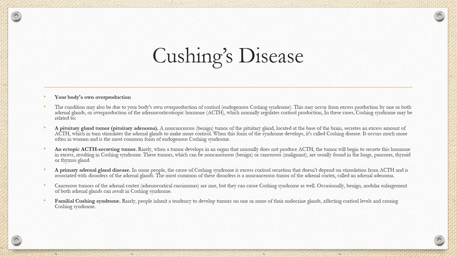The most common of these disorders is a non-cancerous tumor of the adrenal cortex called an adrenal adenoma. Cancerous tumors of the adrenal cortex are rare, but they can cause Cushing's syndrome as well. Occasionally, benign nodular enlargement of both adrenal glands can result in Cushing's syndrome. So, in a nutshell, Cushing's disease, which I can't seem to say, is essentially the overproduction of cortisol.